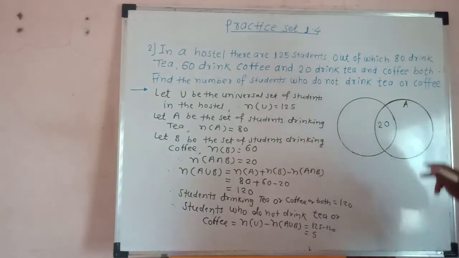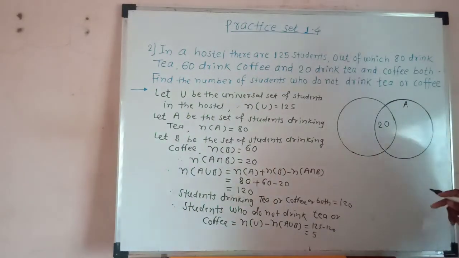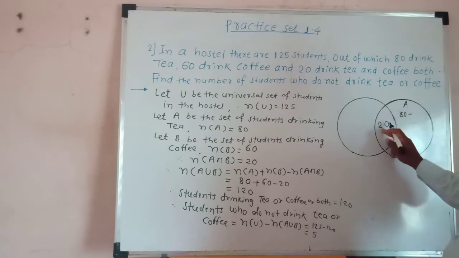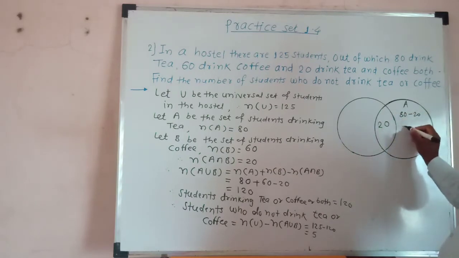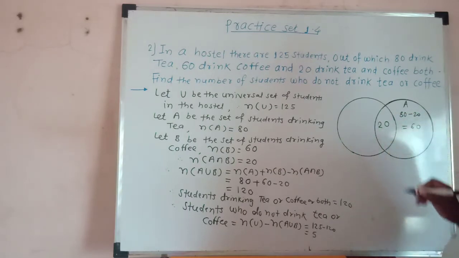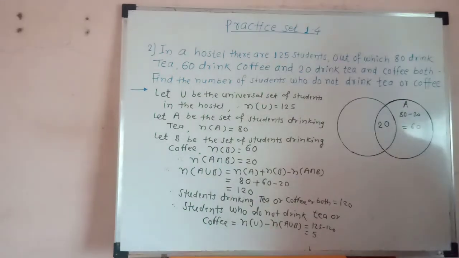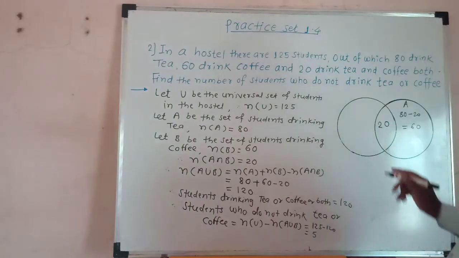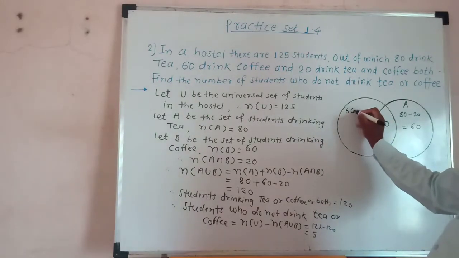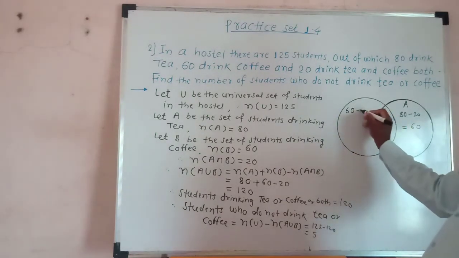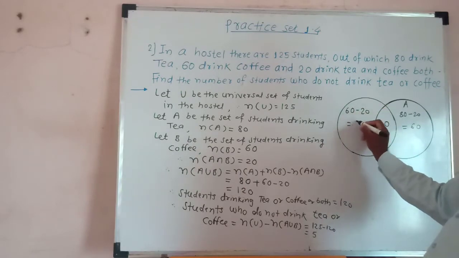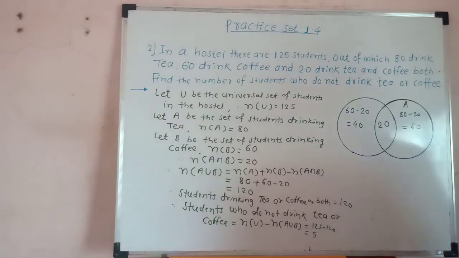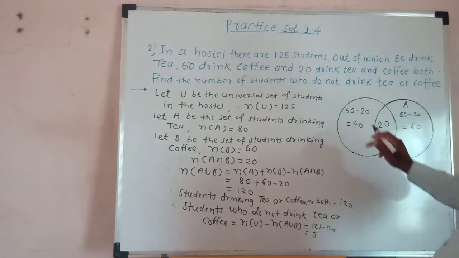Let A be the set of students drinking tea, and that are 80. So 80 minus 20 is equal to 60 students drink only tea. And here 60 minus 20 is equal to 40 students drink only coffee.